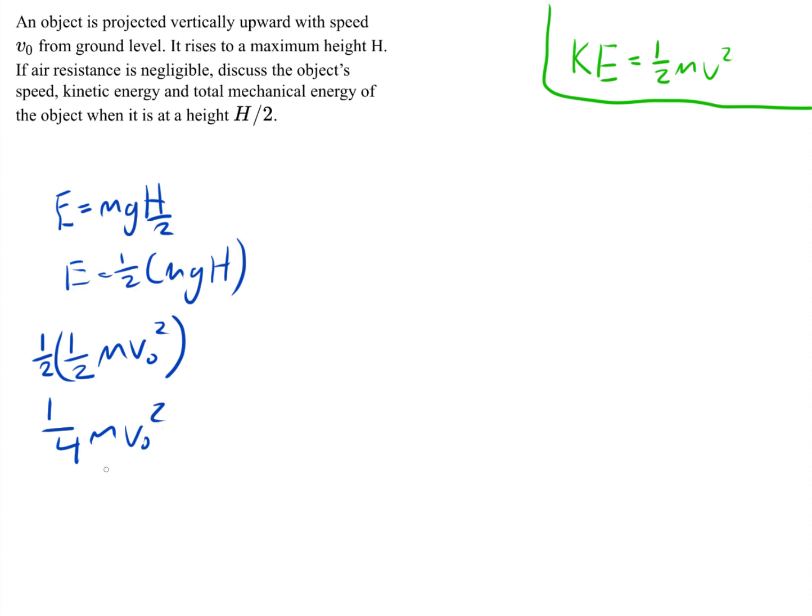Now to find the velocity, we can just set the kinetic energy with that velocity at that point equal to the kinetic energy in terms of the initial velocity. And then the m's cancel out, and then you can simplify this here.